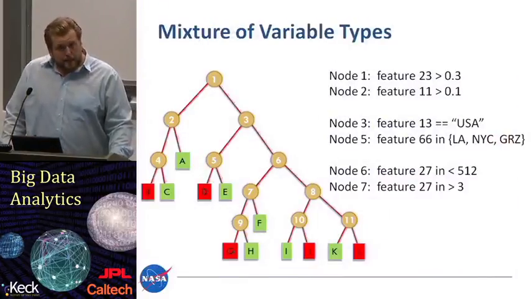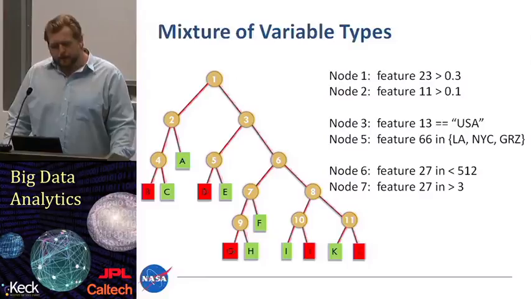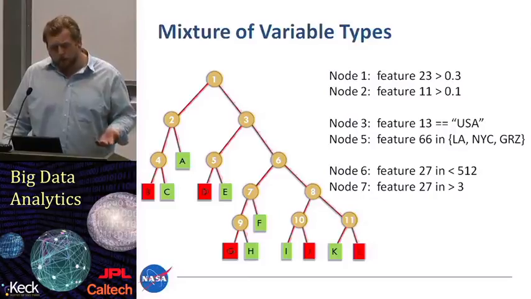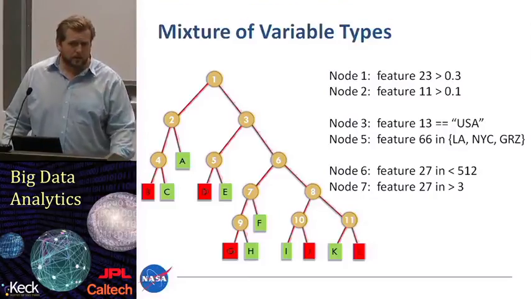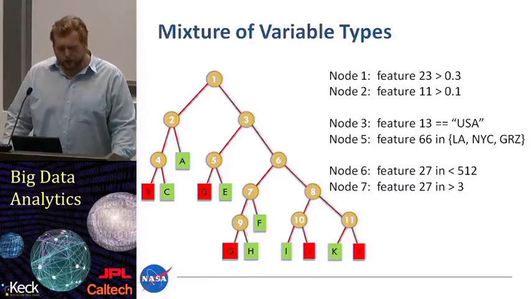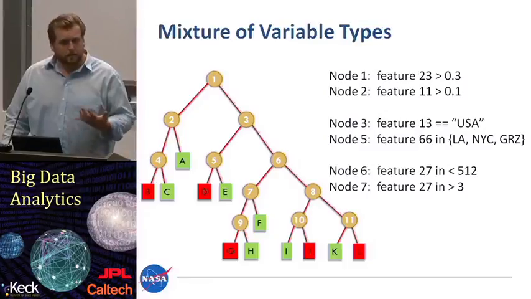Another ability which is very useful in practice is the ability to mix data types in random forests. So normally, or in the modules before, we only talked about continuous variables. Let's say the height of a person or the expression of a gene. But in practice, we have a lot of different subtypes of variables.